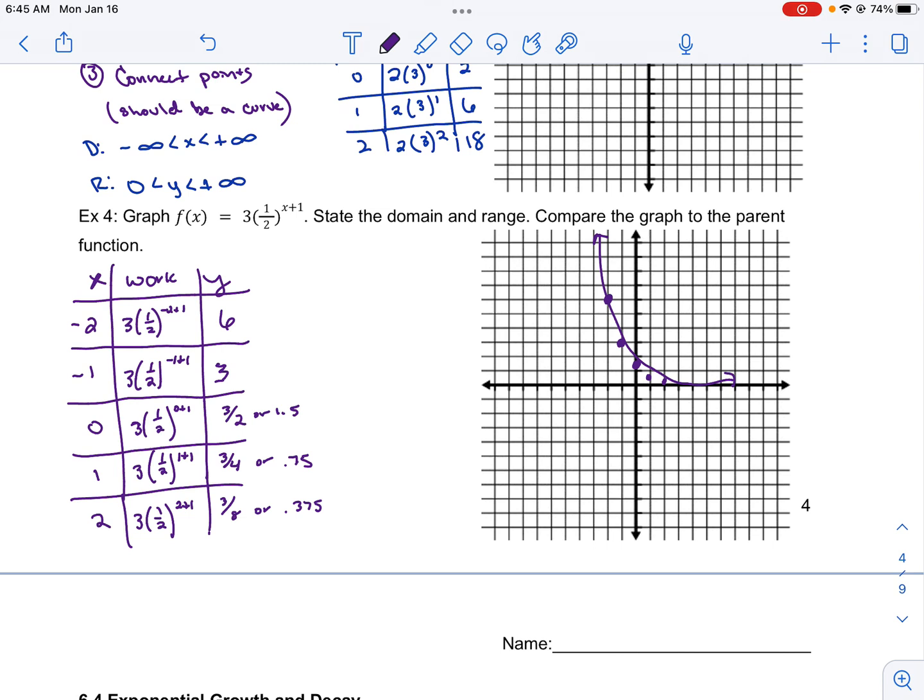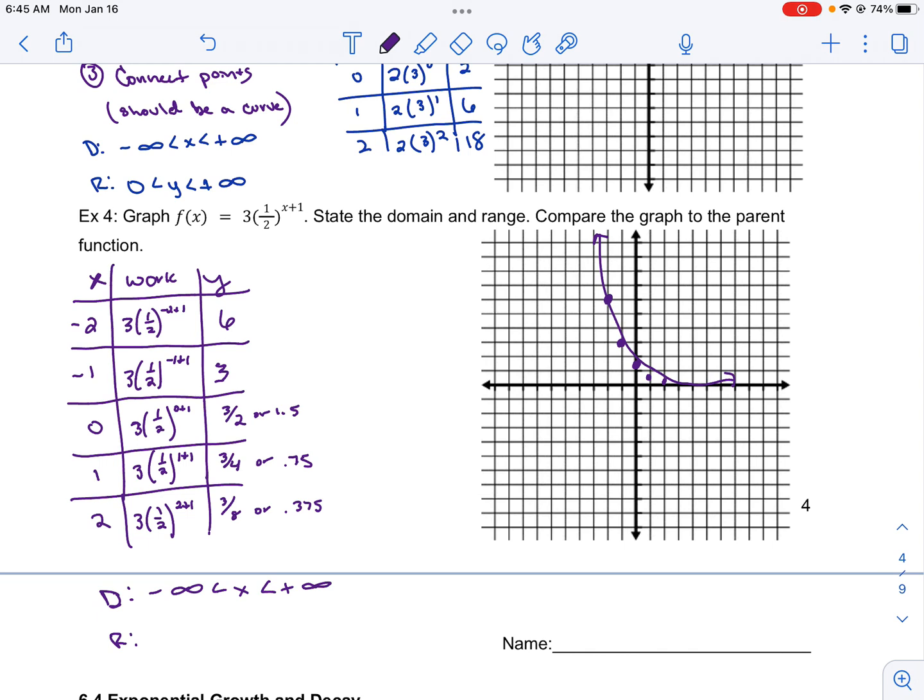Okay, domain. To the left, it goes to -infinity. To the right, it goes to +infinity. I'll give you a helpful hint. Your domain will always be -infinity to +infinity, or all real numbers. The range, I shouldn't say always, is going to have a number.